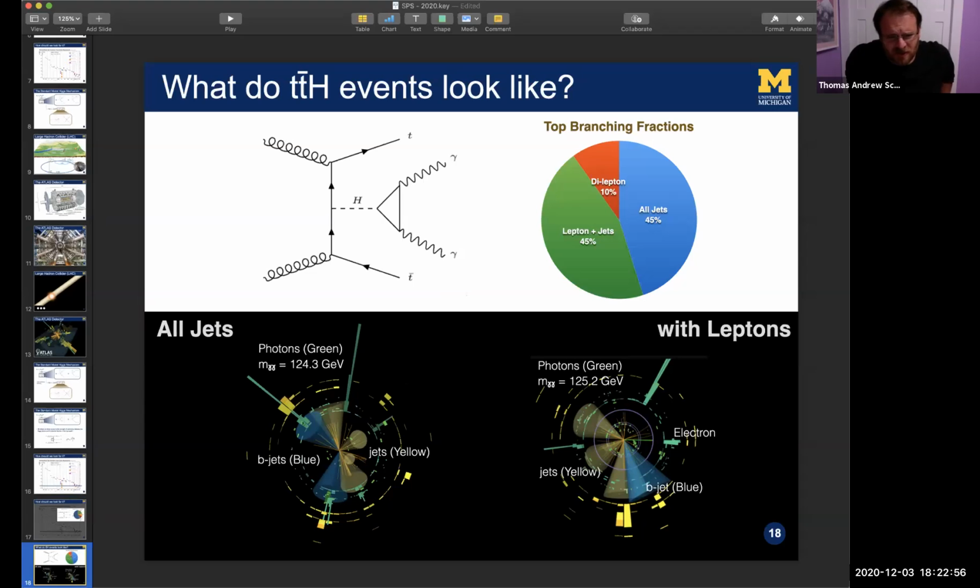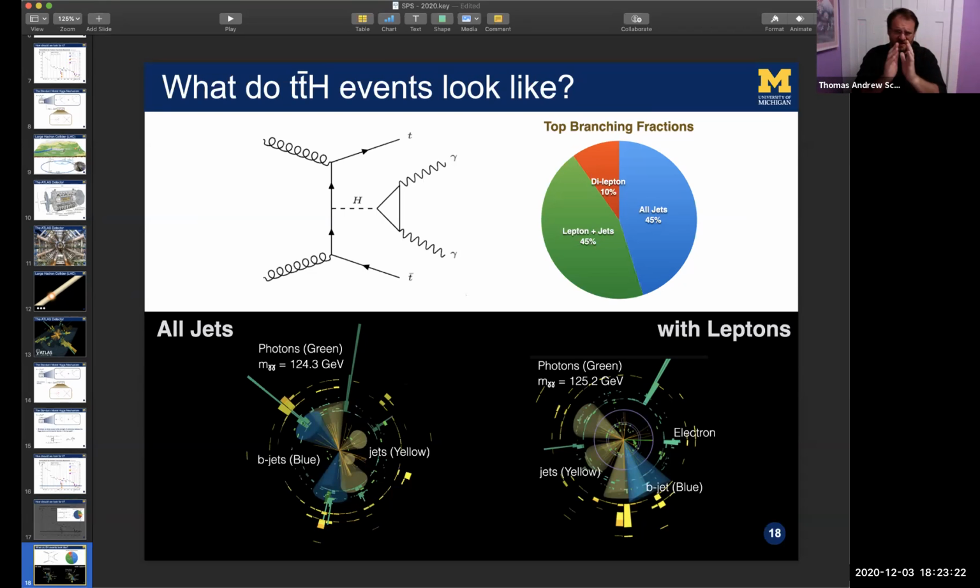Okay, so now that we have that, this is what a ttH event looks like on the left-hand side. The only other thing to do is to worry about how the top quarks decay. Don't worry too much about the details here. Just note the top quarks can decay so that you have nothing but quarks coming out, so jets of hadrons. Or you can have a situation where one of them decays like that, but the other one decays with a lepton involved.